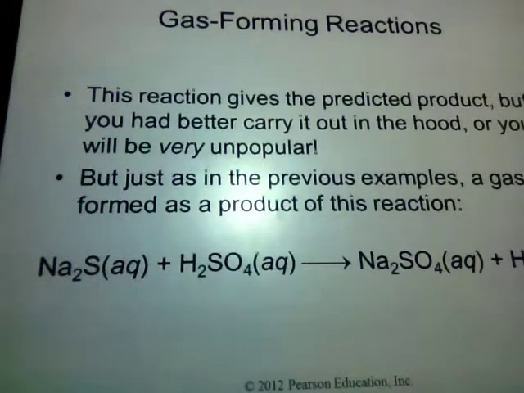Specifically, anything that will produce that H2S, that hydrogen sulfide, the reason that this is kind of disgusting is because this is the type of reaction that smells like rotten eggs.